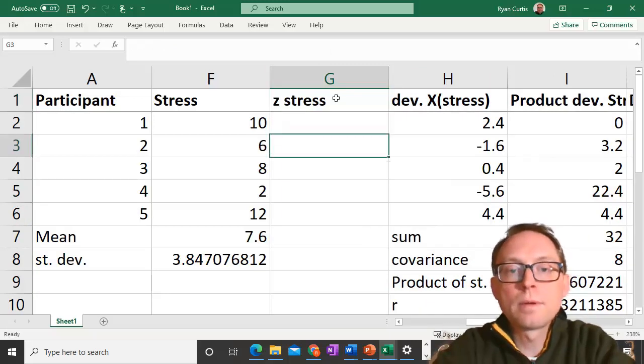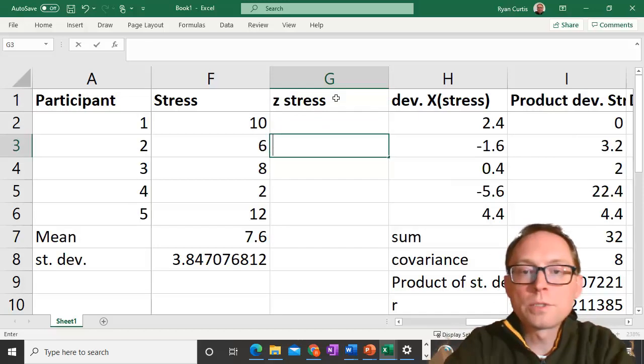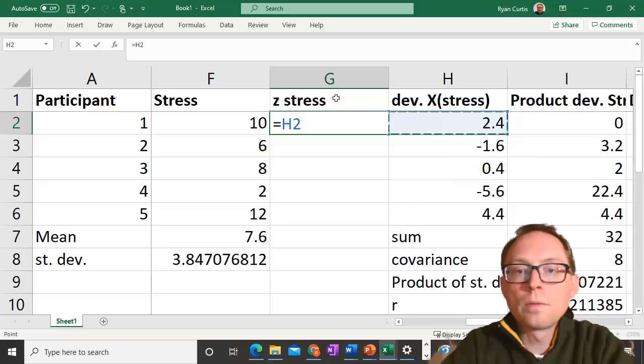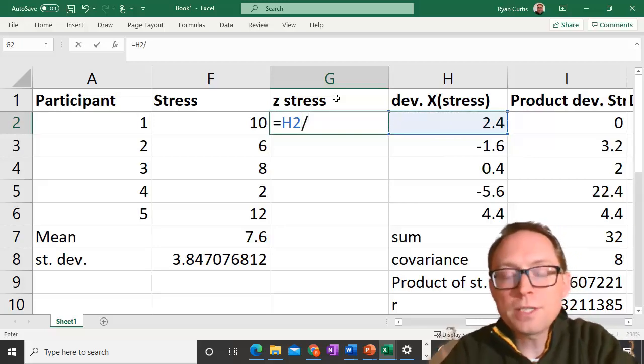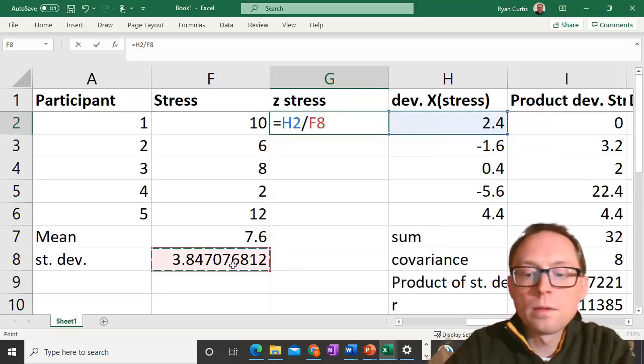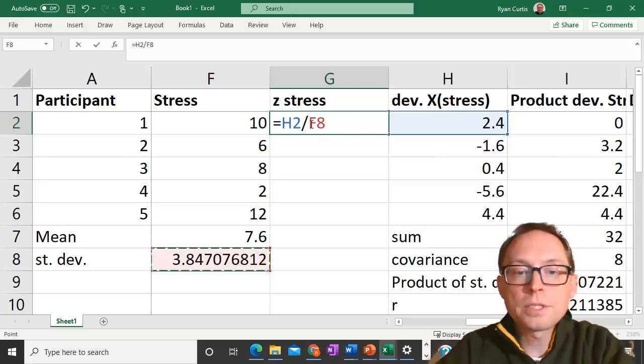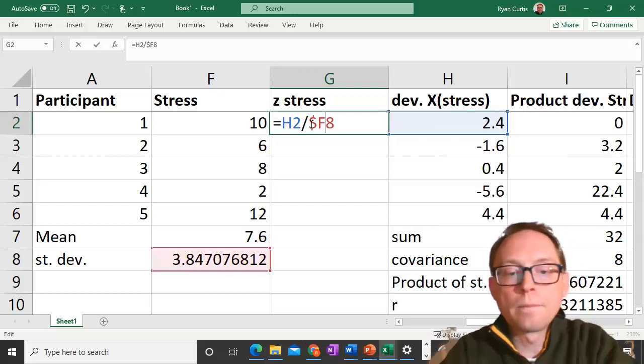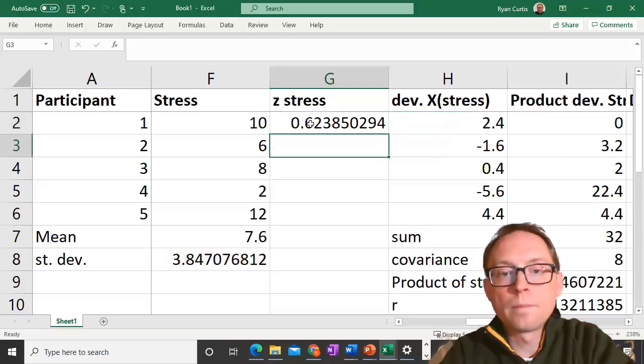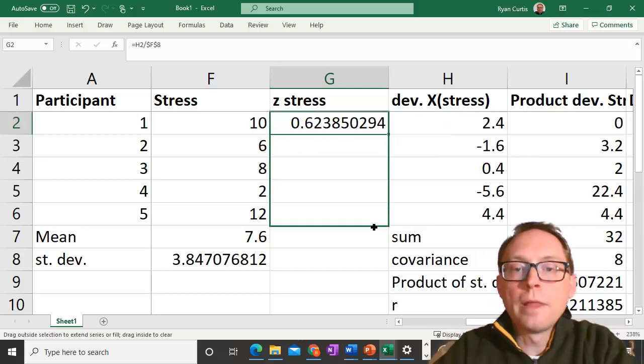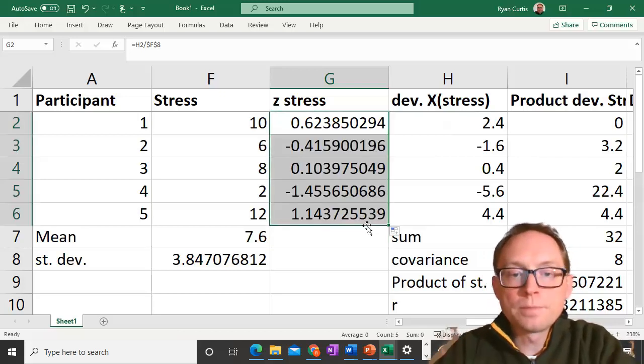It's going to be the deviation of stress divided by the standard deviation. And then I do that for each person. Okay?